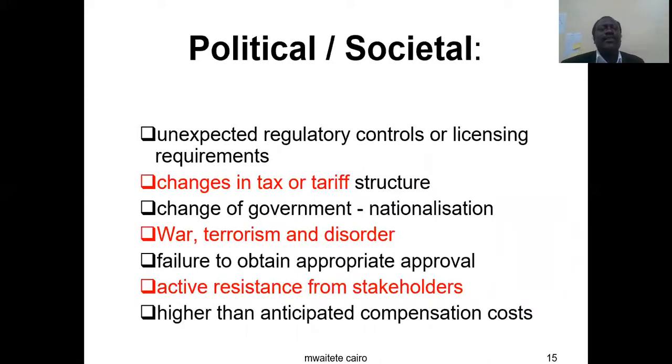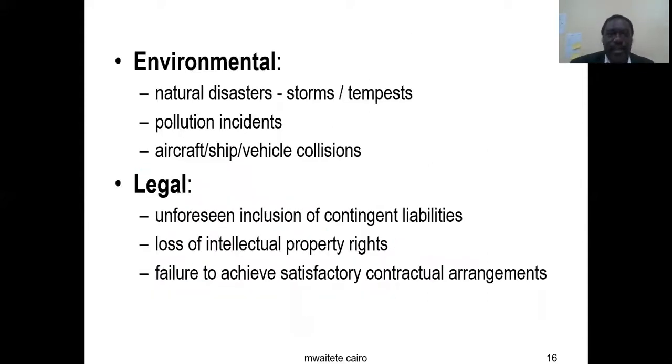The issue of political risk: unexpected regulatory control, licensing requirements, changes in tax structure, and change in government. The government can come up with any policy. They may introduce nationalization, war, terrorism, and disorder in a country. All these are risks. Active resistance from stakeholders and so on.